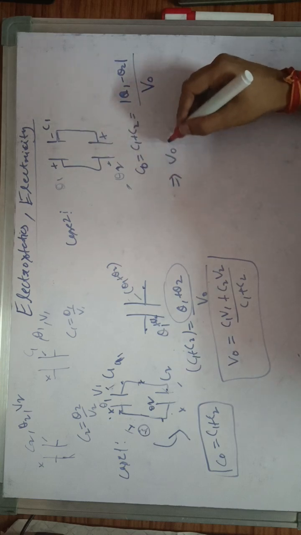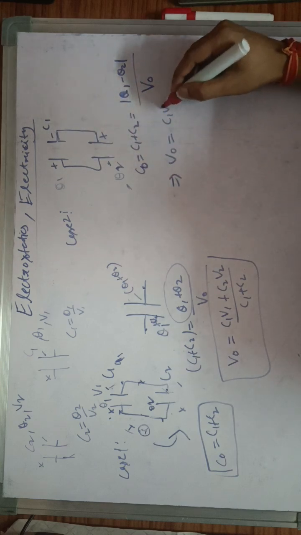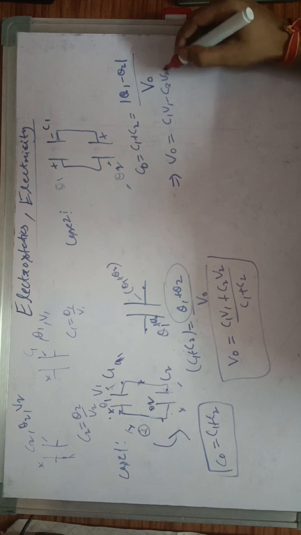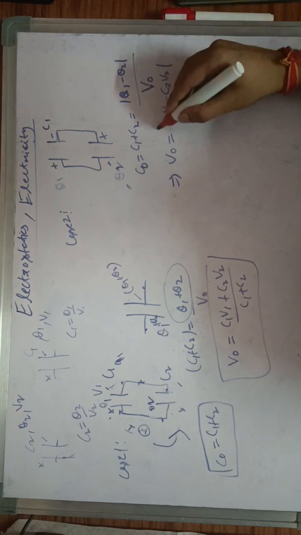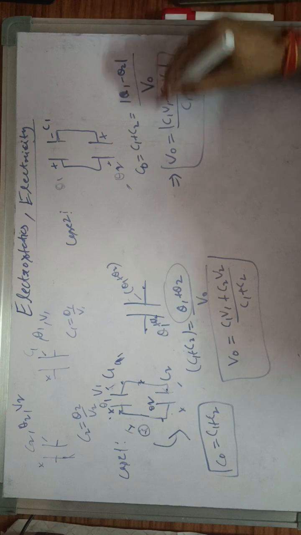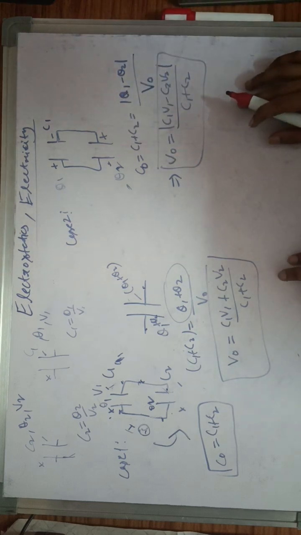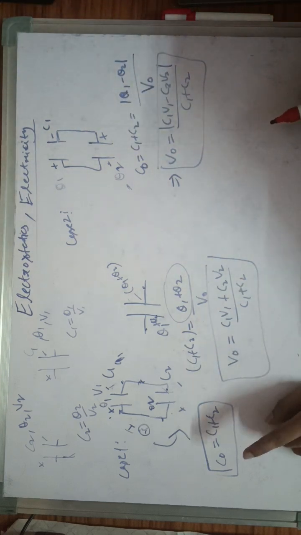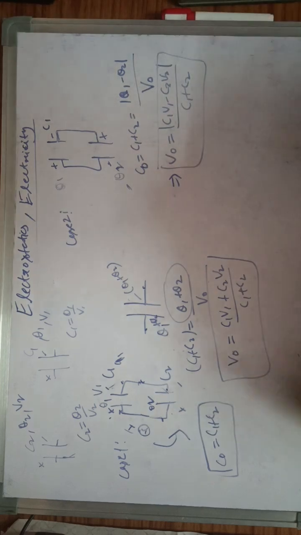This gives V0 is equal to modulus of C1 V1 minus C2 V2 divided by C1 plus C2. So this is how we can easily derive this formula, just using this concept of equivalent capacitance and conservation of charge.